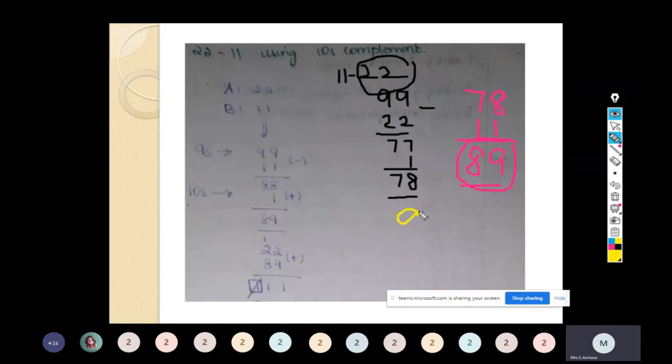So 99 minus 89: 9 minus 9 is 0, 9 minus 8 is 1. This is the 9's complement result, which is added with 1. So 10 plus 1 will be 11. Is it correct? And we put a negative sign, because 11 minus 22 is negative.